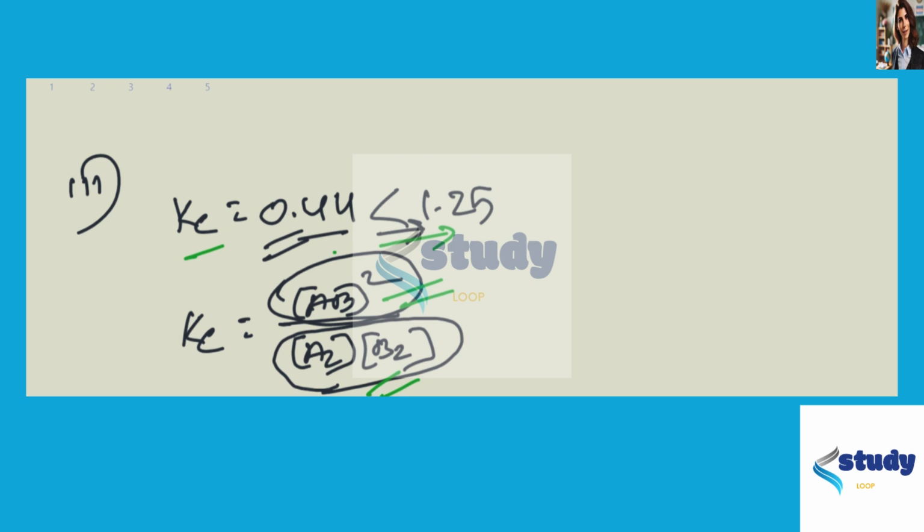That means we need more product to be formed, or the forward reaction rate to be increased, for reaction mixture 3 to reach equilibrium.